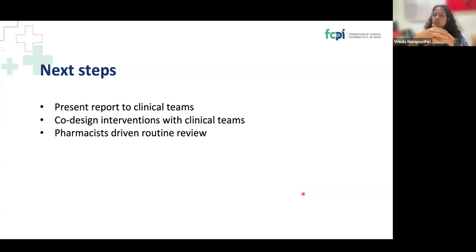So you discuss this issue with the clinical teams, and you try and co-design interventions with those clinical teams. So rather than you as a stewardship team member just going and telling them, okay, from tomorrow, this is what you have to do, rather than that, sit with them and see how is it that you can improve the compliance to this particular process measure in that particular department.